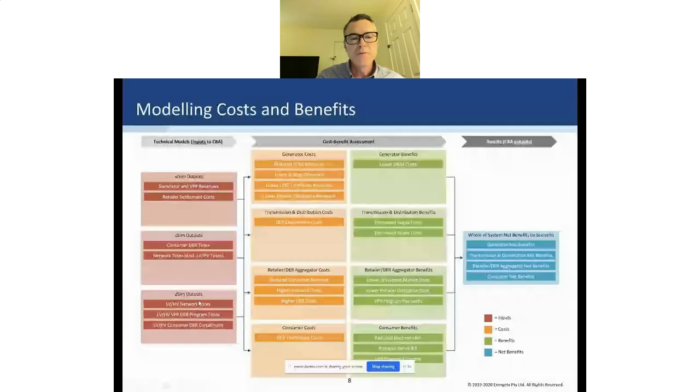And then DSIM, or distribution system, looks in detail at the low voltage system, which is where most of the DER integration challenges have first started to emerge. Now, based on the modeling outcomes, it drives changes in generator costs or benefits, network costs or benefits, retailer or aggregator costs and benefits, and consumer costs and benefits. And that ultimately is what feeds into our final cost benefit assessment.